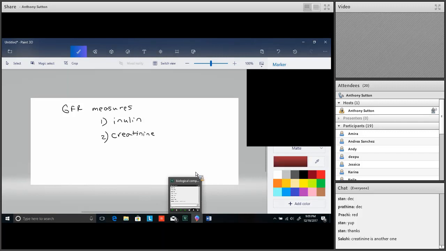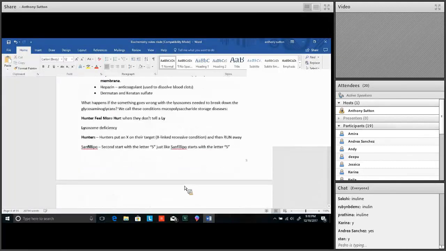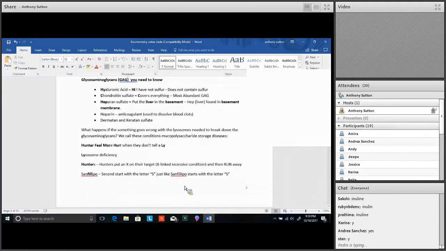But if they ask you what's the best measure of GFR, which one are you going to pick? Yes, thank you. You're going to pick inulin if they ask you the best measure. Outstanding. Now, is this all making sense to everybody? Is everybody following? You're good. Okay, perfect.